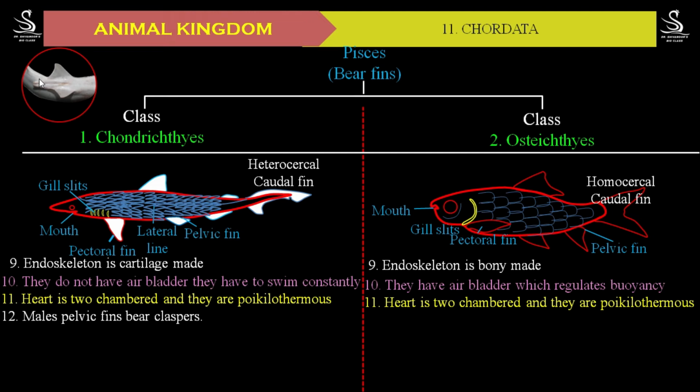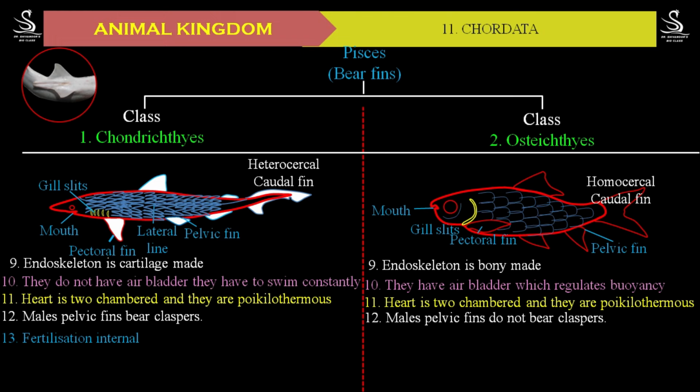That type of claspers are helping in the proper holding of the females at the time of sexual activities. Due to that, they are able to transfer the sperms into the female reproductive tract. But in case of Osteichthyes fish, they do not have any claspers in their pelvic fins. That is the one major difference.